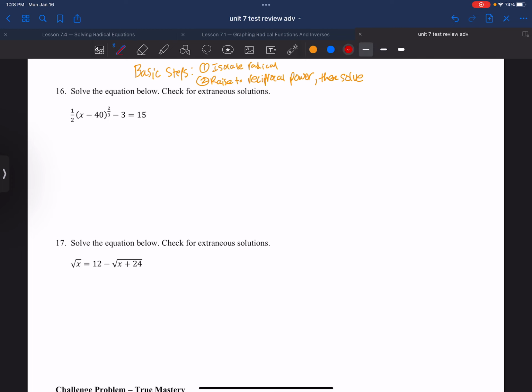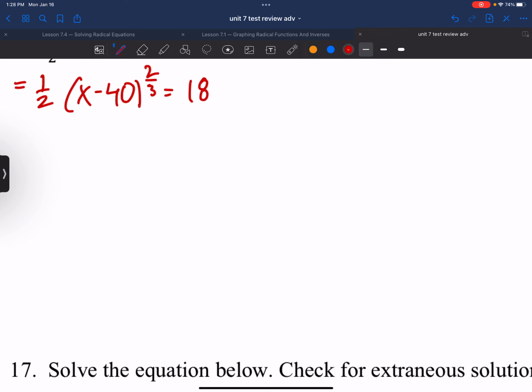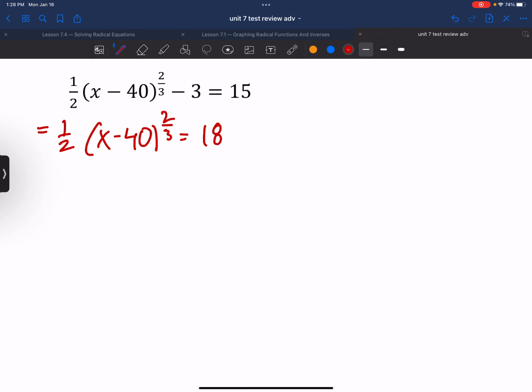Okay? So I'll start by adding 3. This is equal to 1/2 x minus 40 to the 2/3 equals 18. Zoom in here for you. Then I'll multiply both sides by 2. Notice, you could use the reciprocal power at this step, and it would be okay.